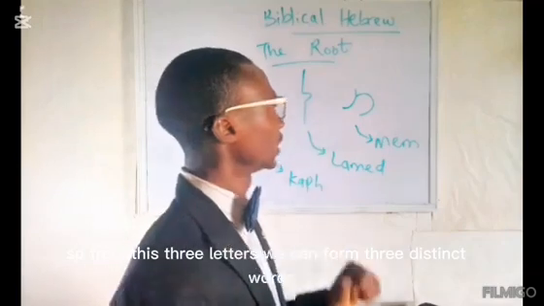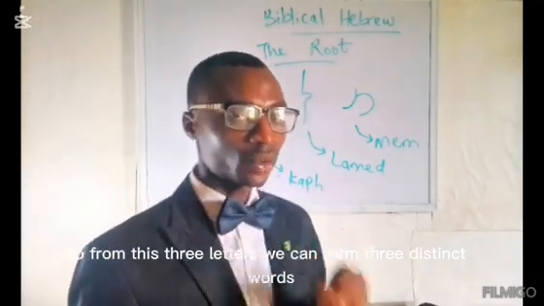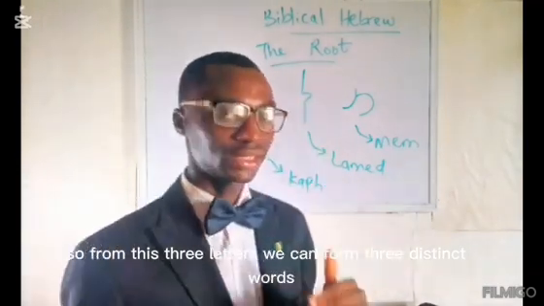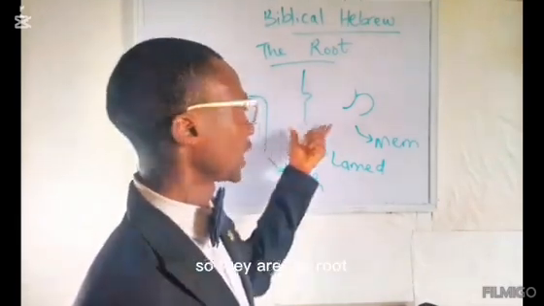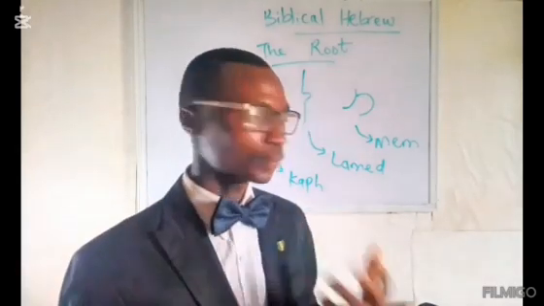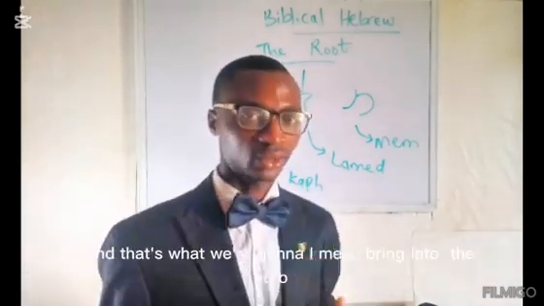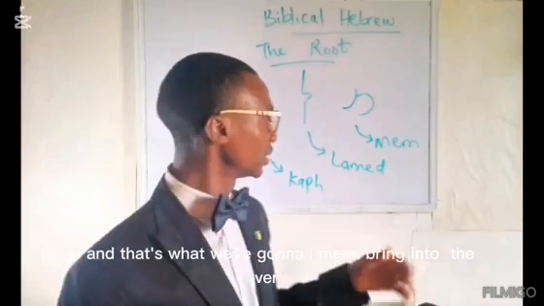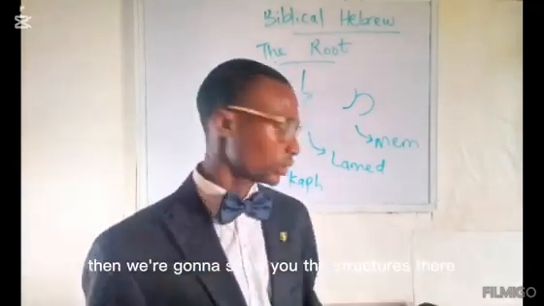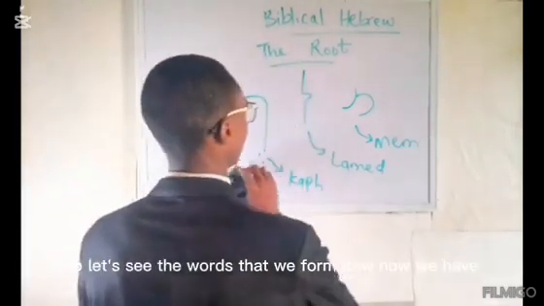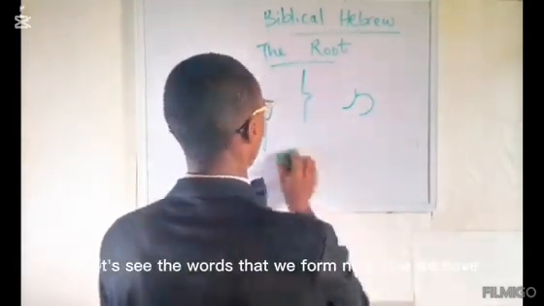From these three letters, we can form three distinct words. They are the root through which all of these words are formed, and that's what we're going to bring into the verb. Then we're going to show you the structures there. So let's see the words that we formed.